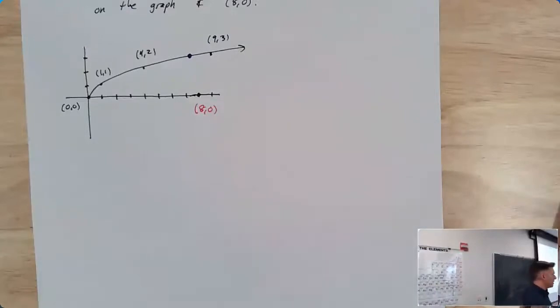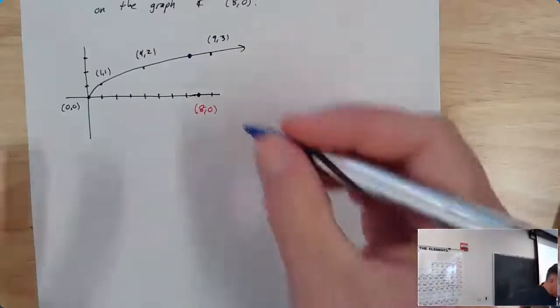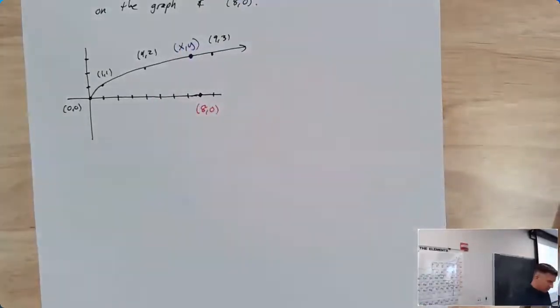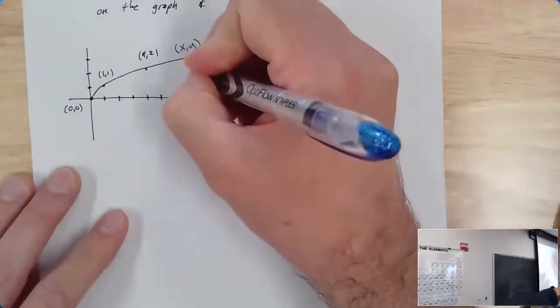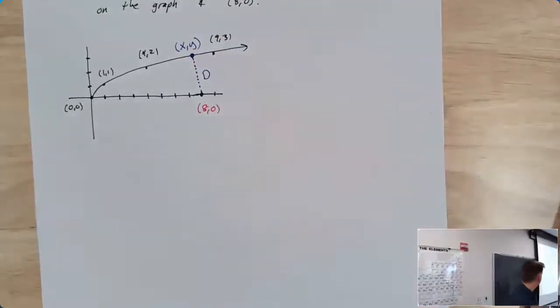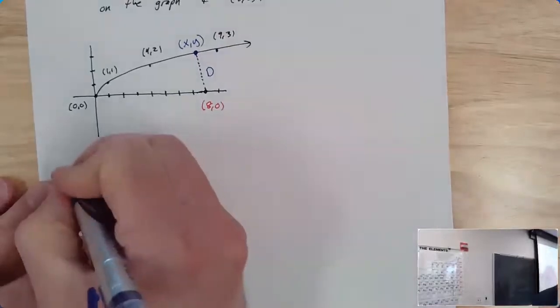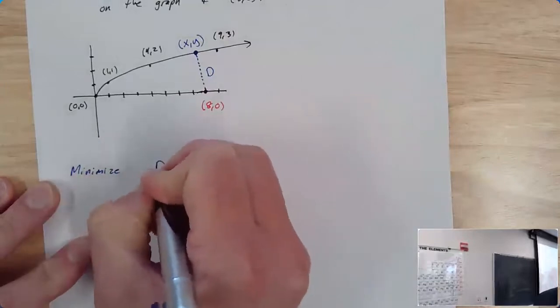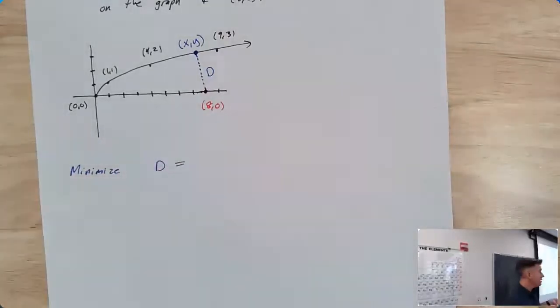You can do (a, b) or something else, but (x, y) is pretty standard. So we want to minimize that distance, which we're just going to use the distance formula.